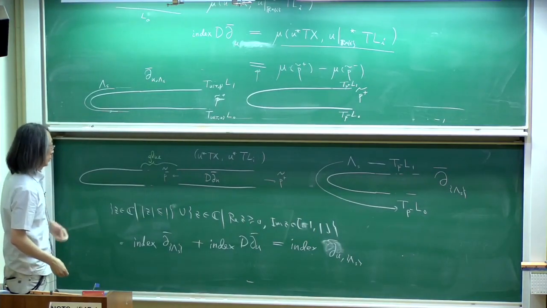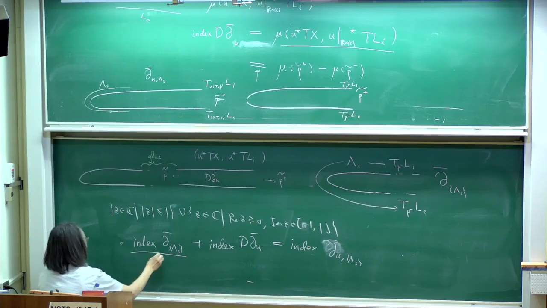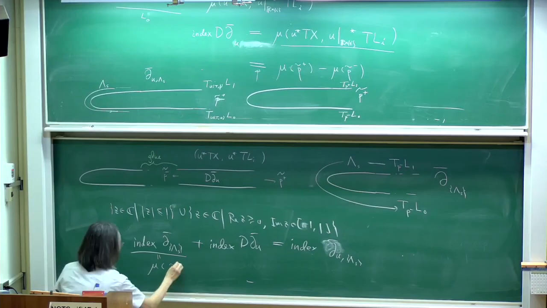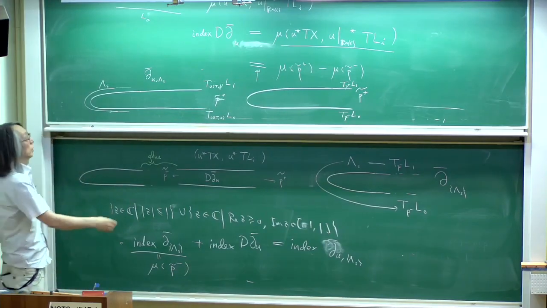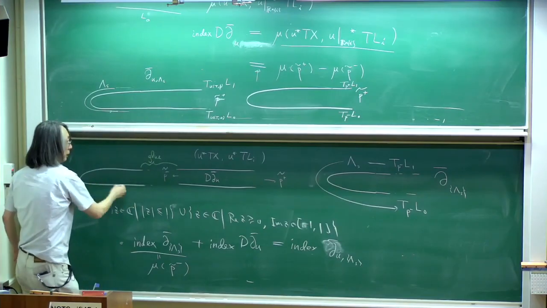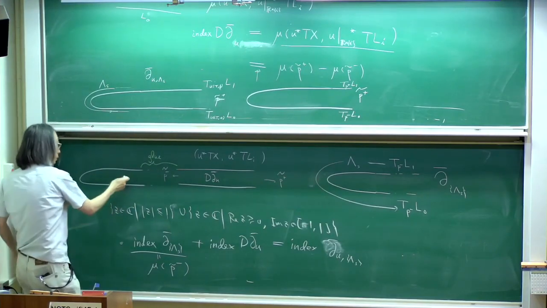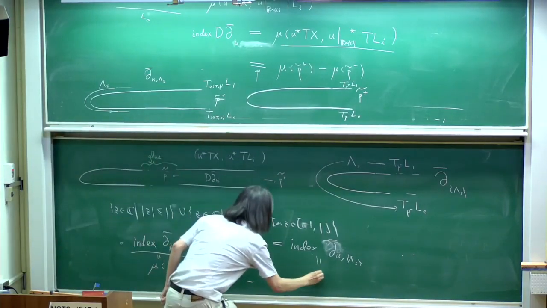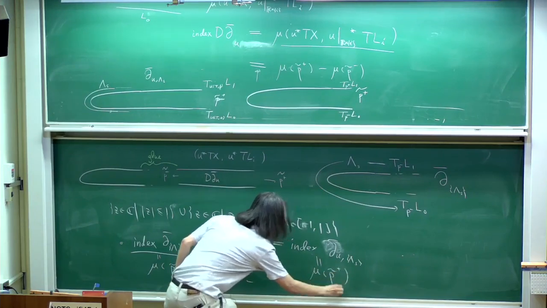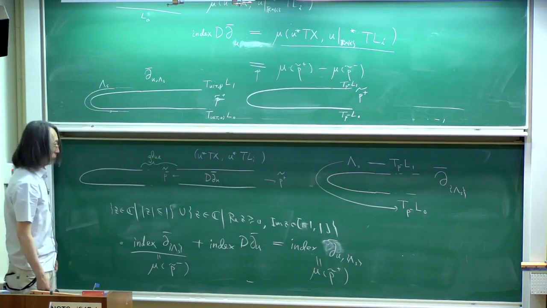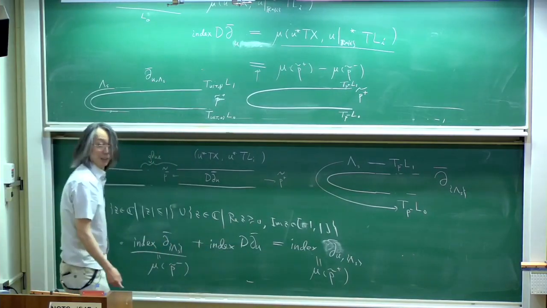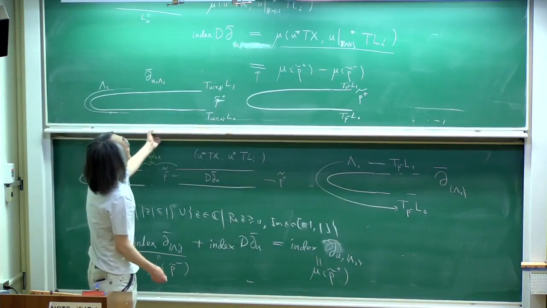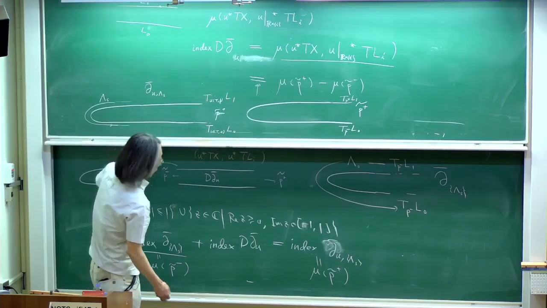So what I want to say is, this one is actually mu of p tilde minus, the index of this operator. And then if you add this index, then you get the index of this one. So this one is the index mu of p tilde plus. So therefore, the index of the linear operator is written as a difference of these two indices. So that is the formula I wanted to say.